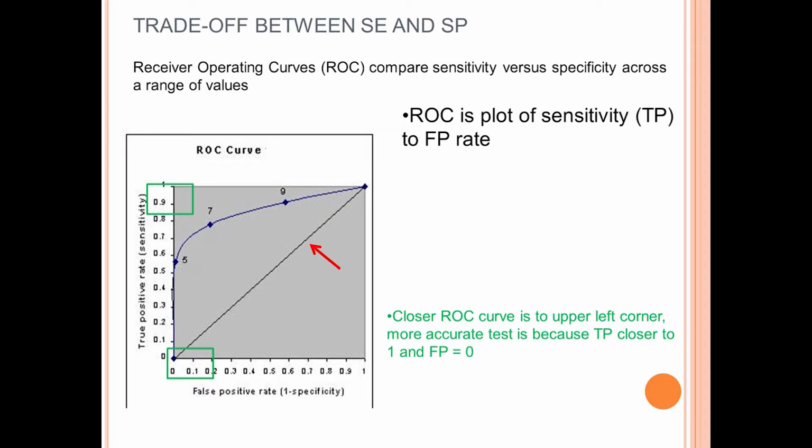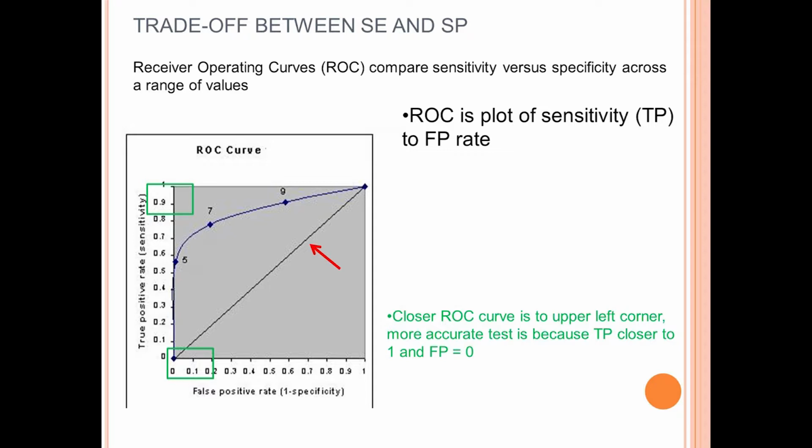By making it possible for you to visualize the full range of values for sensitivity and specificity that a test can take on for all possible cutoffs, this is really the best opportunity for you to characterize a test. And also to play with these. What would it look like if I moved the cutoff here? What would it look like if I moved the cutoff there? And make decisions, again, about how useful a test is.